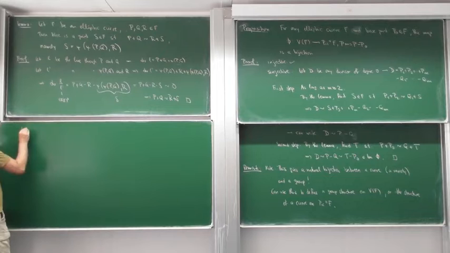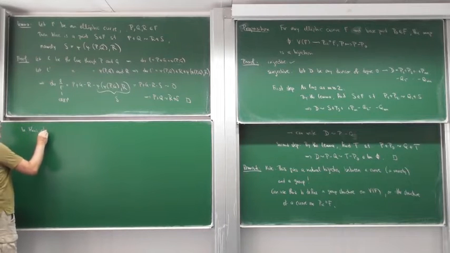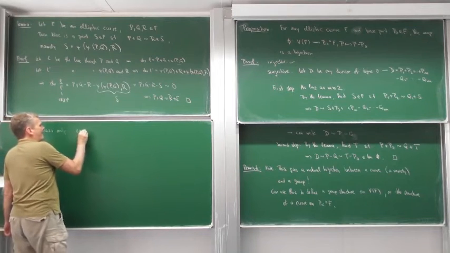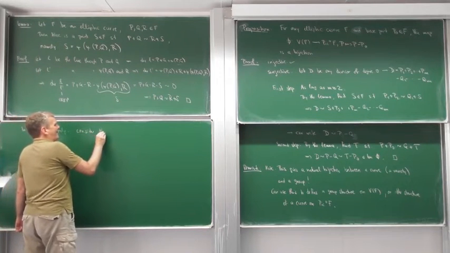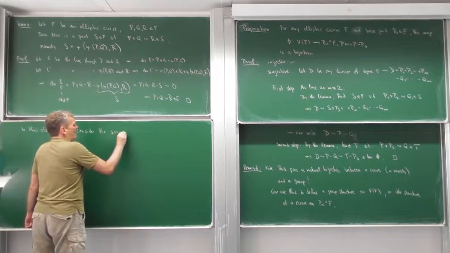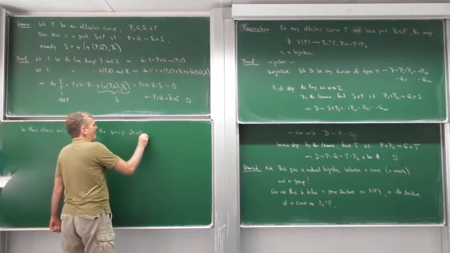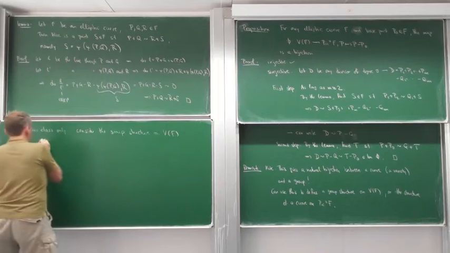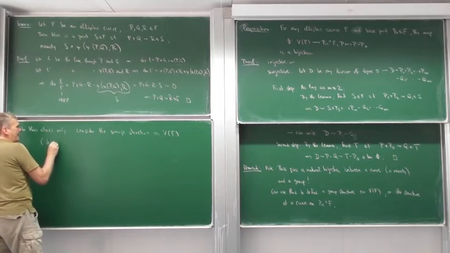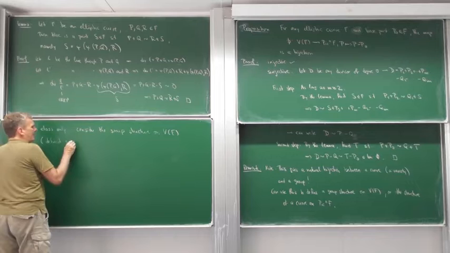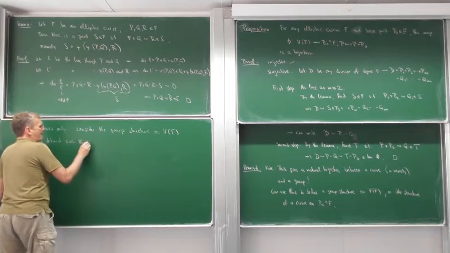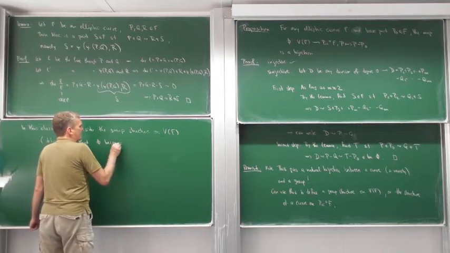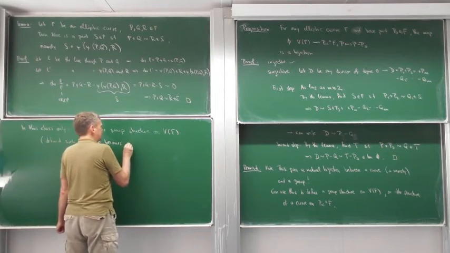In this class, we only consider the group structure on the set of points on the elliptic curve, which is, let me just put this in bracket, defined such that phi becomes an isomorphism of groups.